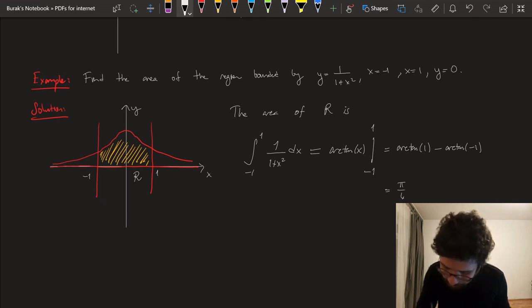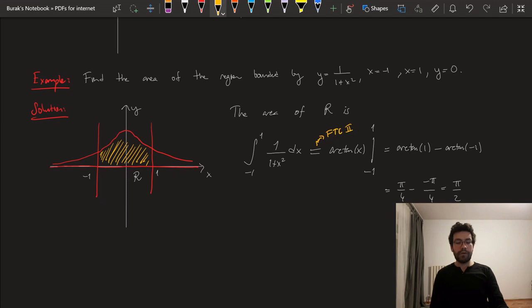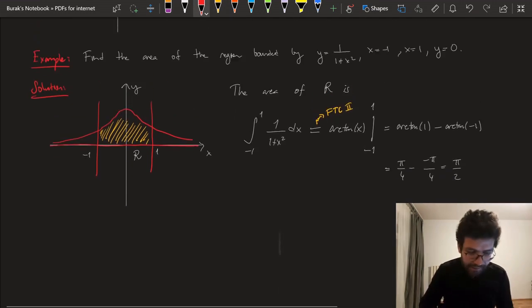Arctangent of 1 is pi over 4, arctangent of -1 is minus pi over 4, so I'm going to get pi over 2. So over here, I'm using fundamental theorem of calculus part 2. So that's that.